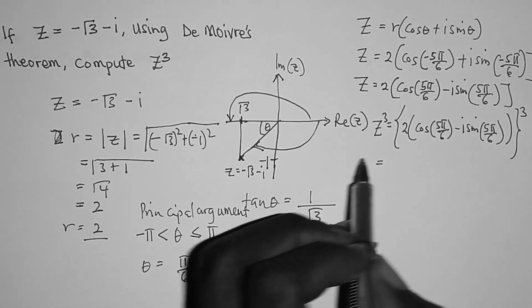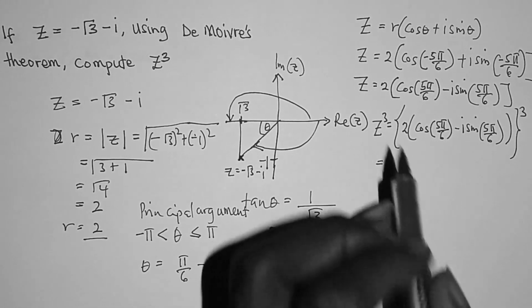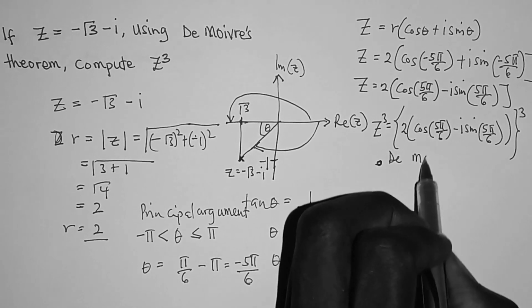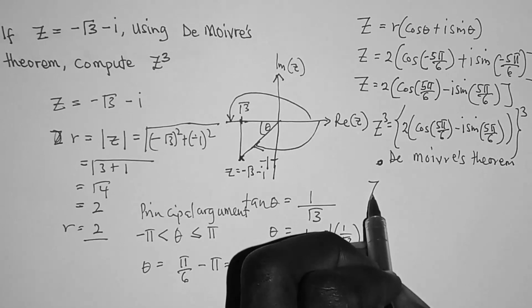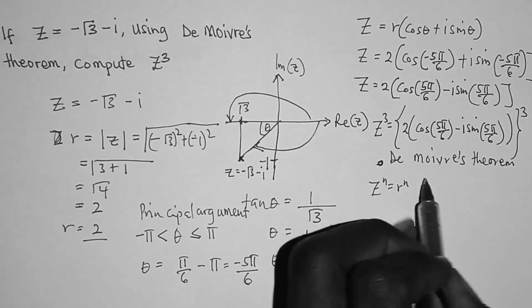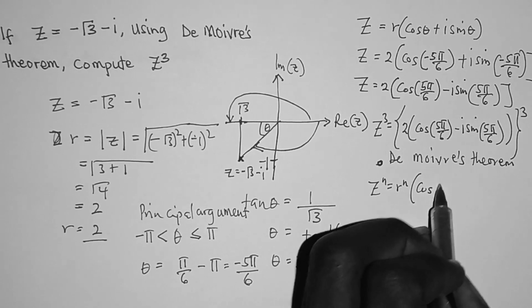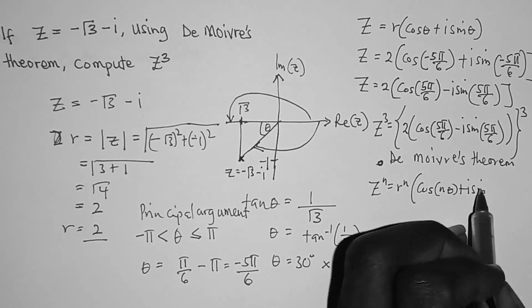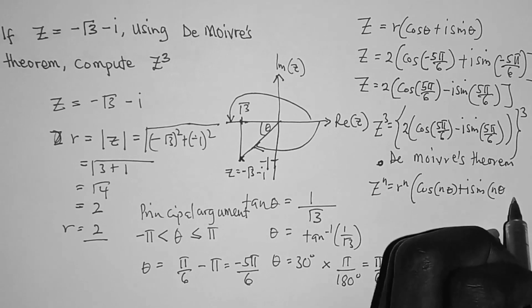But remember that from De Moivre's theorem, z to the n is equal to r to the n, times (cos n theta plus i sine n theta).